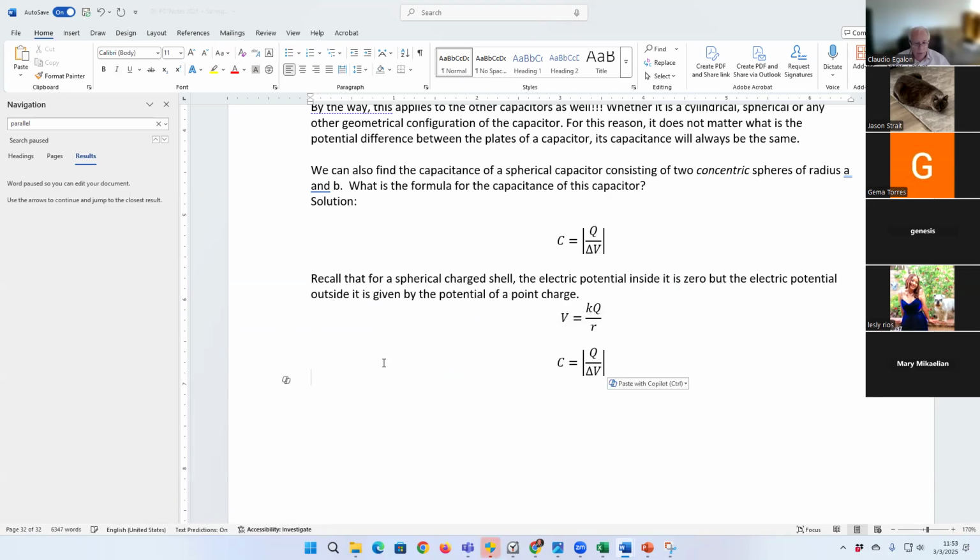Capacitance is, I'm going to put it, VB minus VA, KQ over B minus KQ over A. Like that.